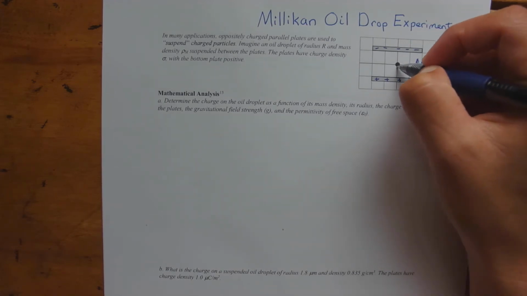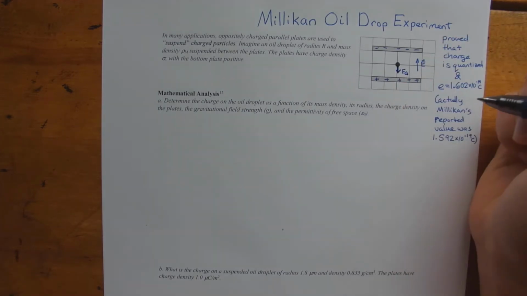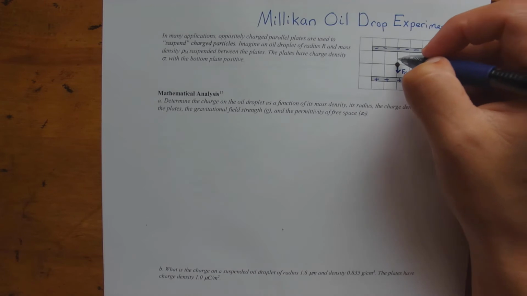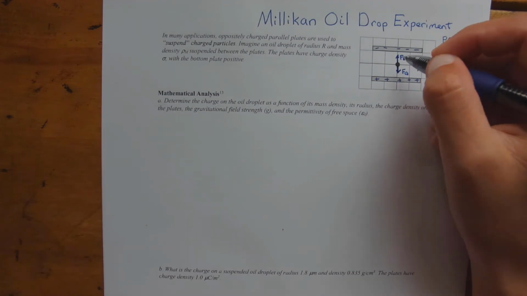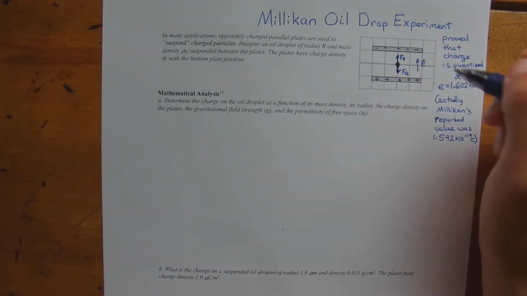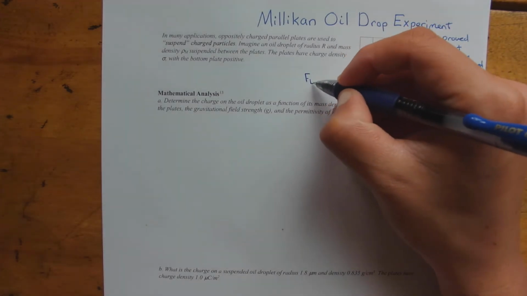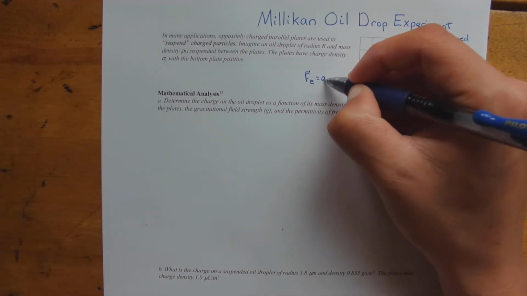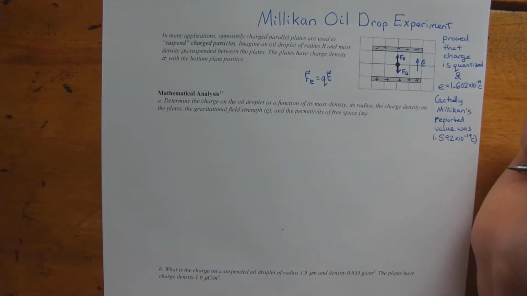We know that the force of gravity is going to act downward, and I'm going to assume downward is towards the bottom of the page here, which means I need the electric force to be acting upward. If the electric force is acting upward, the charge on the oil droplet must be positive so that the electric field is pointing in the same direction as the electric force.